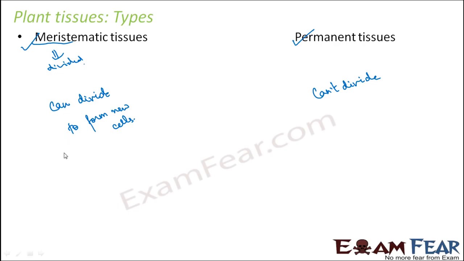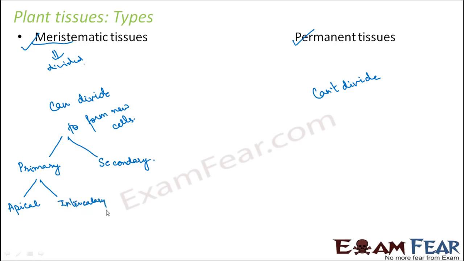These meristematic tissues are again of two types. One is primary meristematic tissue and the second one is secondary meristematic tissue. Again, primary meristematic tissue is of two types: one is apical meristematic tissue and the other one is intercalary meristem.